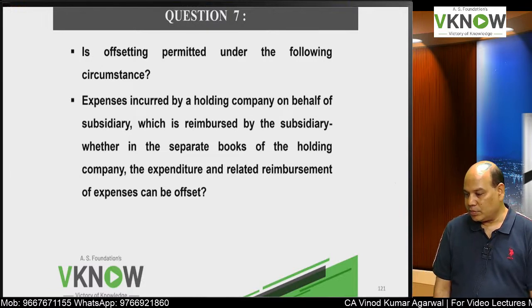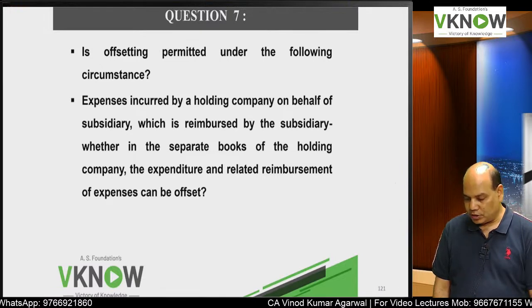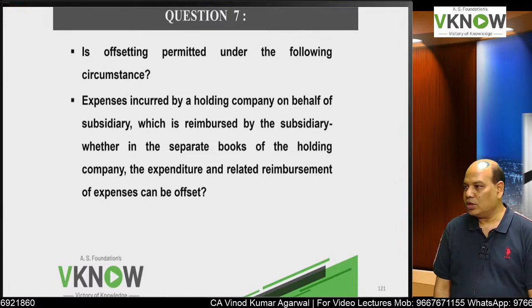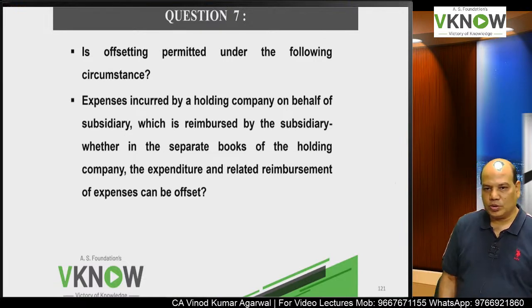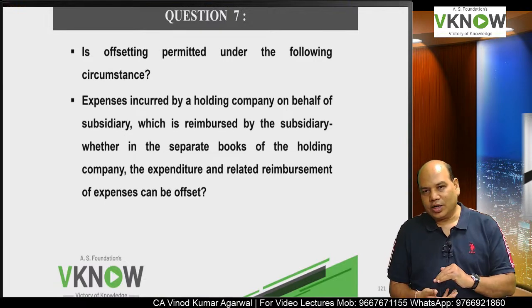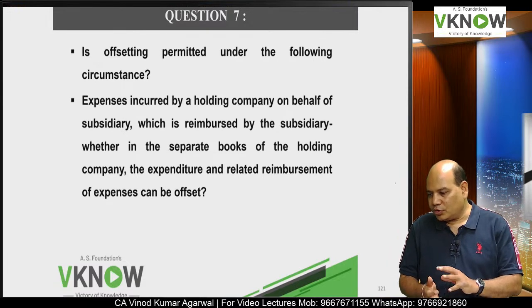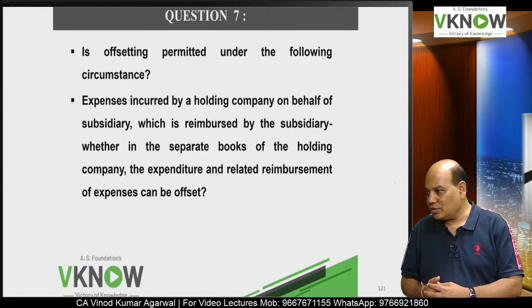Whether in the separate books of the holding company, the expenditure and the related reimbursement of expenses can be offset. So usually the answer would be yes. Based on the information given, usually if they are related to one transaction only, then first you incur the expense and then it is reimbursed by the subsidiary.